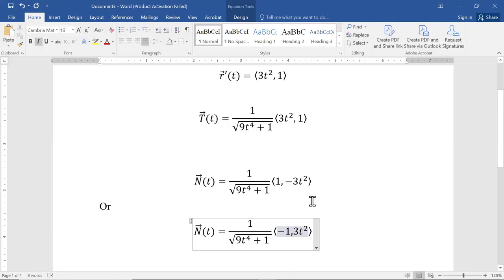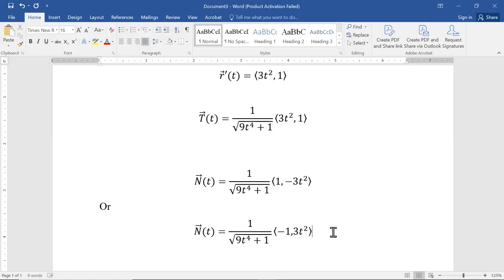Okay. And so I just have to decide which one it is. And the one is going to be pointing towards concavity. So I'm going to do this using a graph. You can do this other ways as well.